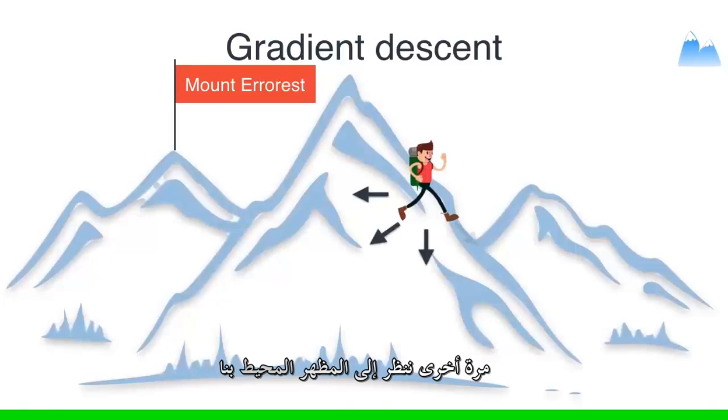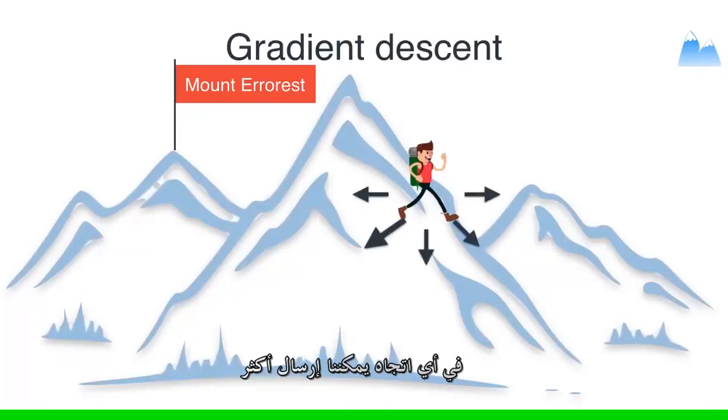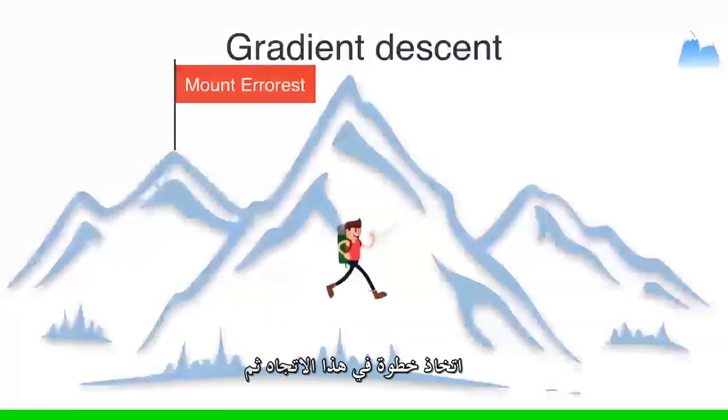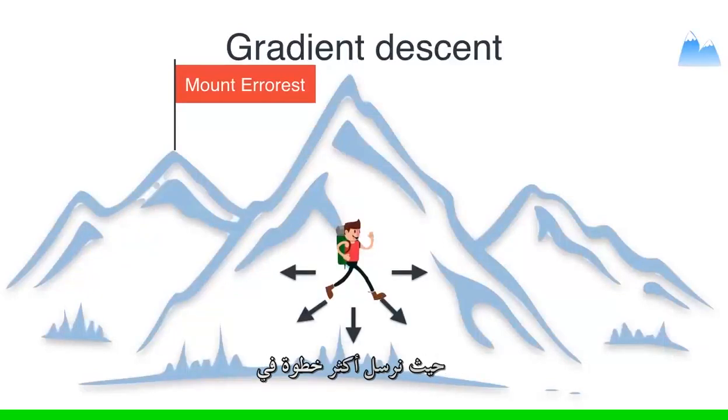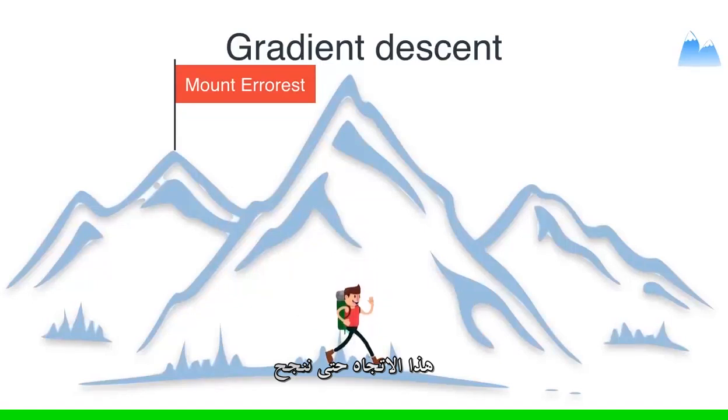Then again, we look at our surroundings, look at what direction we can descend the most, take a step in that direction, and then do it again. Look at our surroundings, where do we descend the most, take a step in that direction, until we successfully descend the mountain.